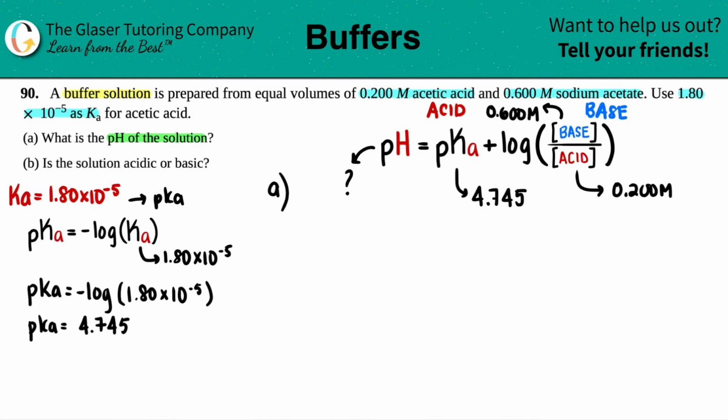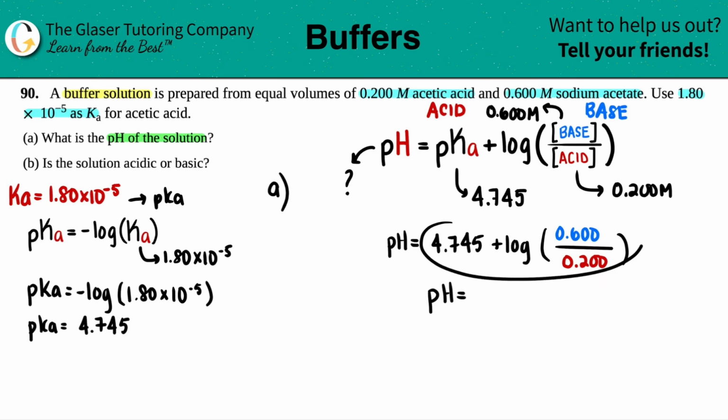Cool. So let's figure it out. pH equals 4.745 plus the log of the base divided by the acid, so 0.600 divided by 0.200, and we can find out the pH. You could do this all in one shot into your calculator, or figure out the log and then add it to the 4.745.